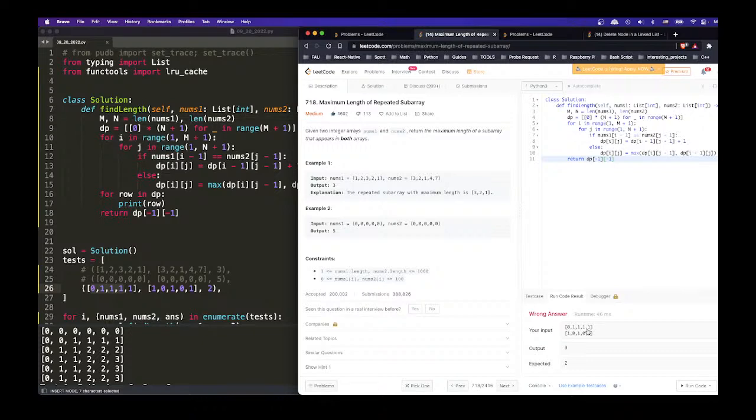At a certain point we want to say what's the maximum length of subarray ending at this position, right? If these two are not the same, then it should be this and this, or this and this. If they are the same, I think that's one.